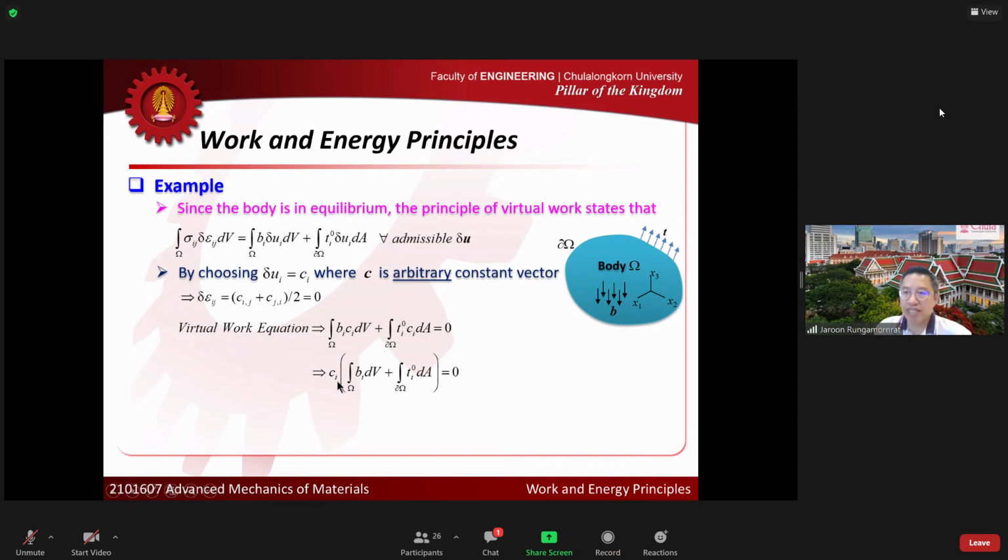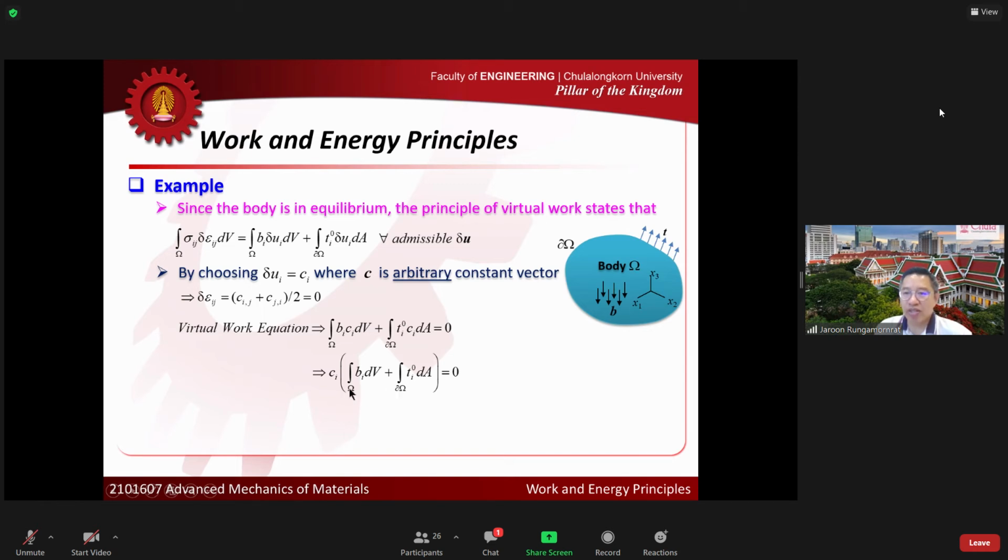You learned this from Ajahn Chatpan, right? You can think about the linear independence property of the term here. We can think about this as a vector. So ci is arbitrary, so the term inside here has to be 0, right?